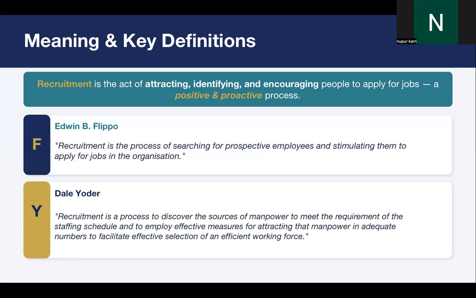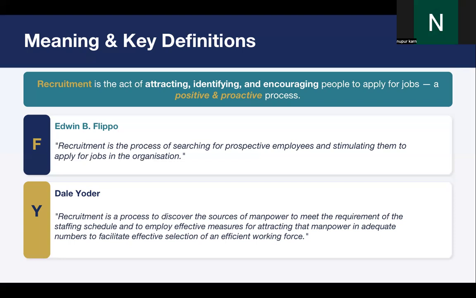Think of how ITC or Asian Paints creates very engaging job advertisements that make even someone who wasn't looking to switch think twice. That is called stimulation. So these two words are very important in the recruitment process: stimulating and searching for the right people for the organization.